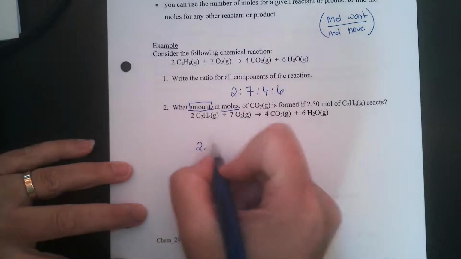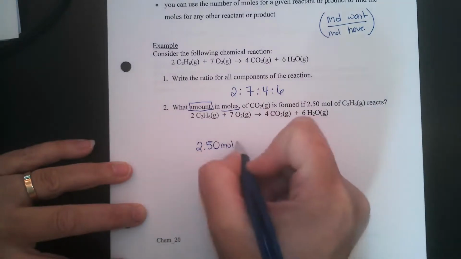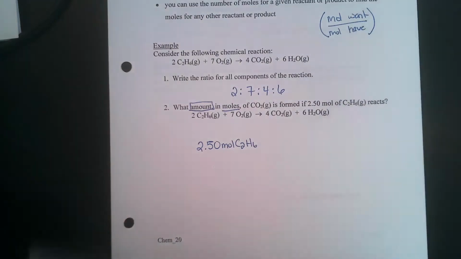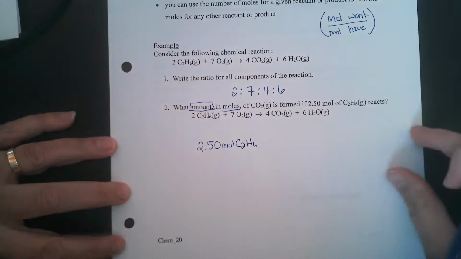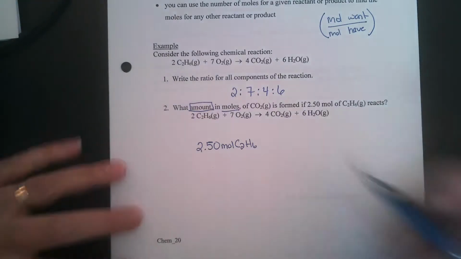I always start with what I have. I have 2.50 moles of C2H6. And stoichiometry really works on putting all of your math in one line and looking at how your units cancel out and what you're left with. I've done this lots of times with physics and in other parts of chemistry, but I'm really pushing you to try it this way.